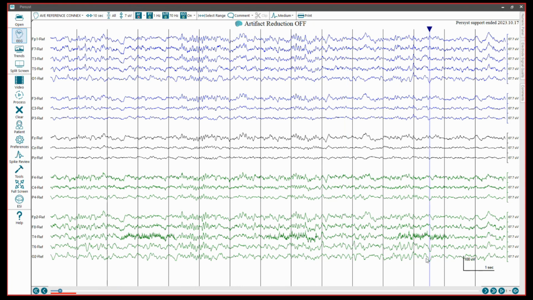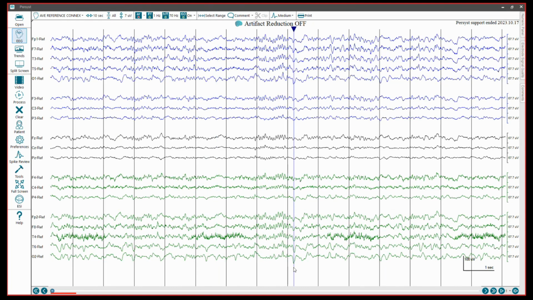That's because posts are inherently positive, or at least the prominent component that we record from the scalp is positive. So indeed, we have some posts here. There's one right there, there's one right there, and a wonderful one right there, very clearly seen.